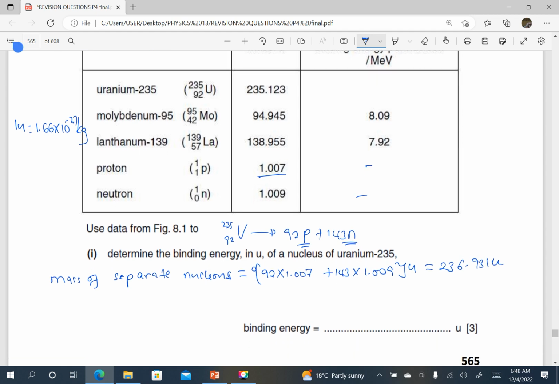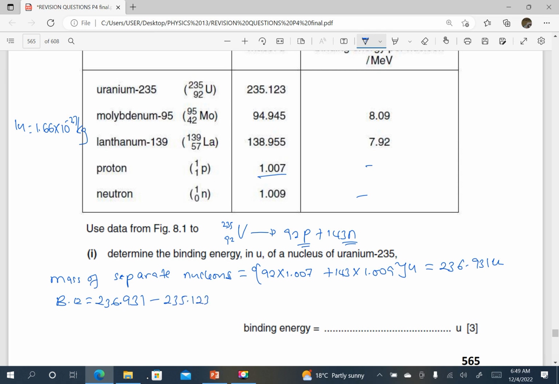So the binding energy is the equivalence to the mass defect. So the binding energy, I'll write BE, is going to be the equivalence of the mass defect, and the mass difference is going to be 236.931 minus 235.123.